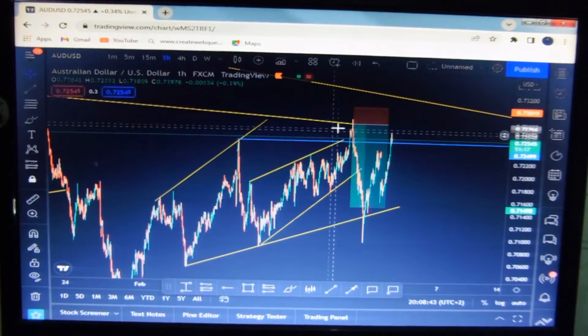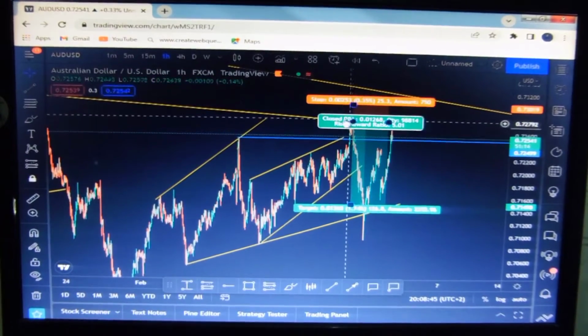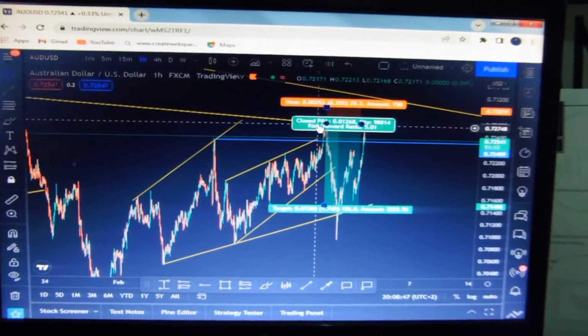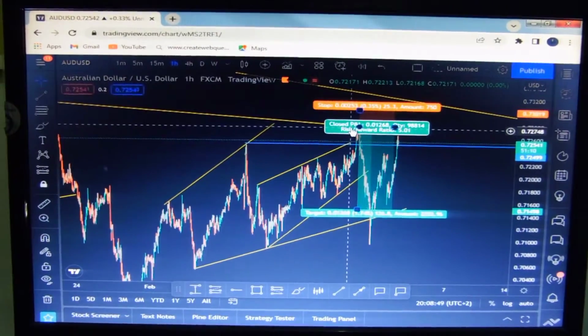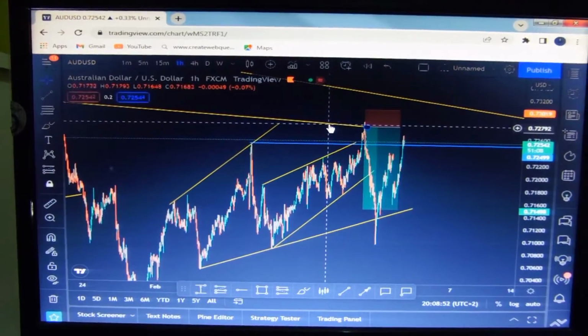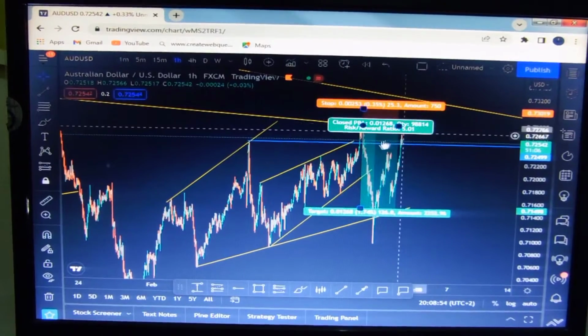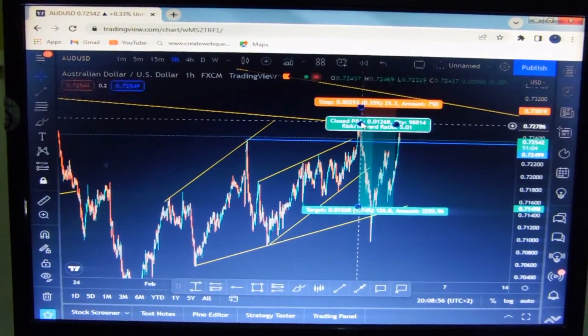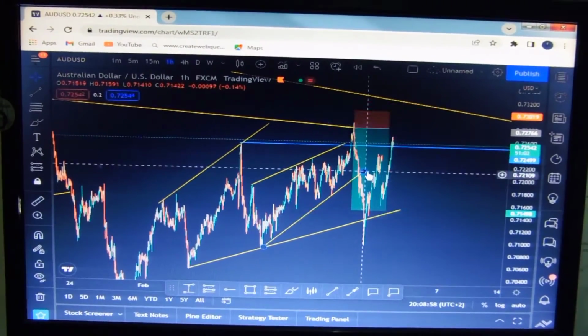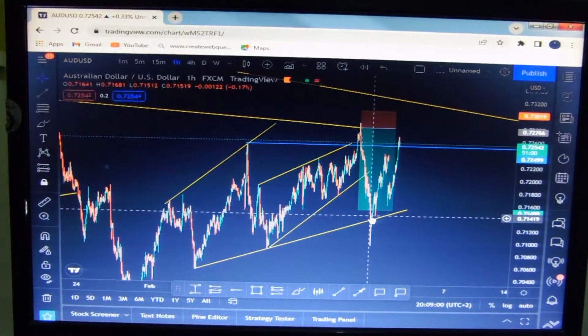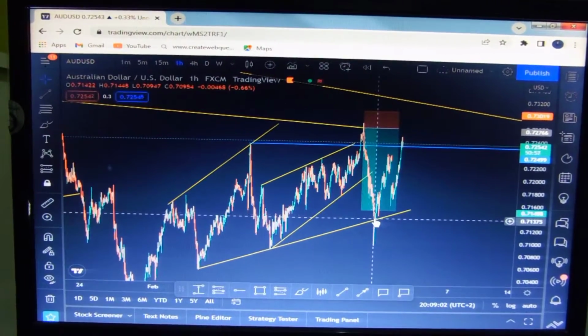And then you can see that the market came up and created that third touch on that upper 4 hour trend line. You can see on that rejection we caught that trade beautifully, and the market started trickling down to this area over here.